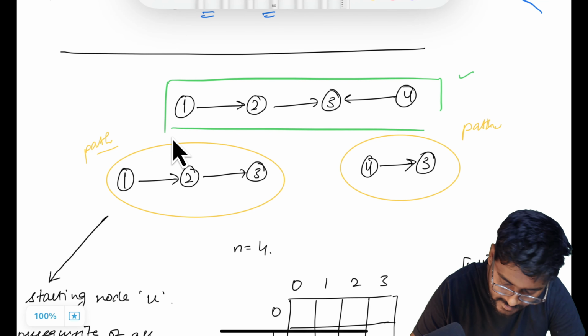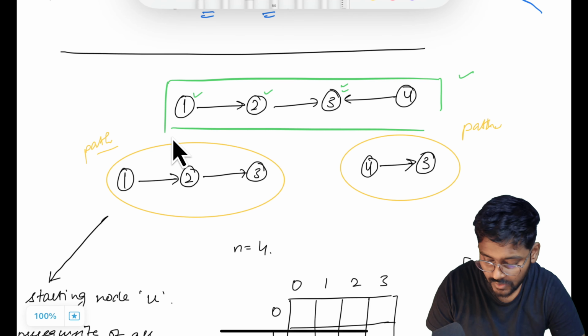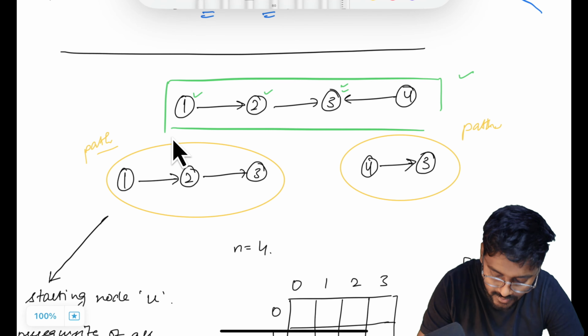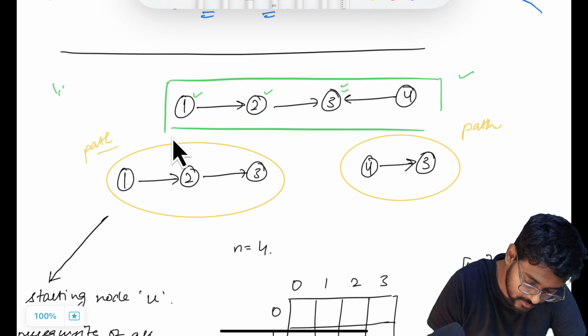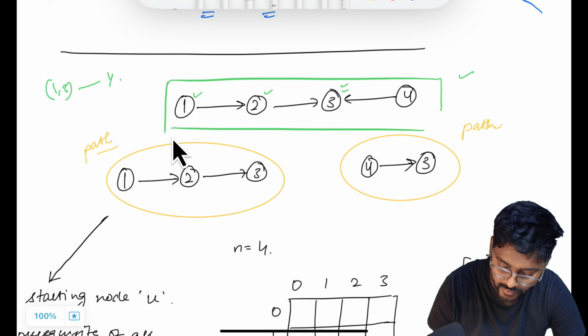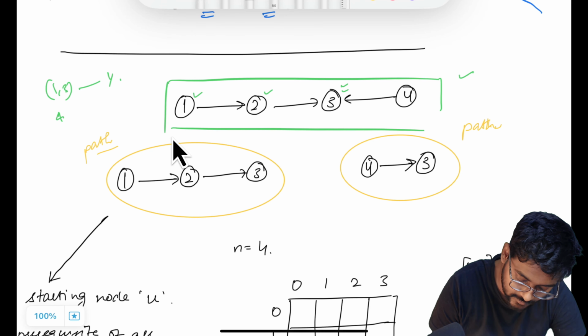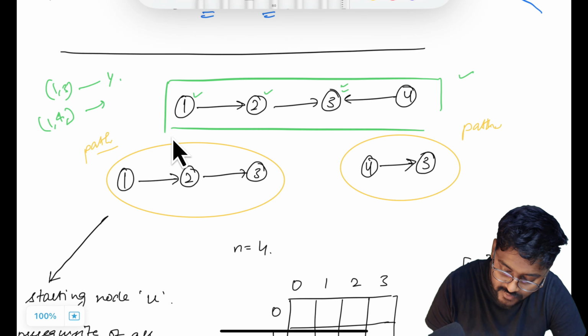Now come to this example. Here 1 is a prerequisite of 2, 2 is a prerequisite of 3, and 3 is a prerequisite of 4. If I ask you whether 1 is a prerequisite of 3 or not, you can directly tell me yes. Why? Because there is a path from 1 to 3. Whether 1 is a prerequisite of 4 or not?